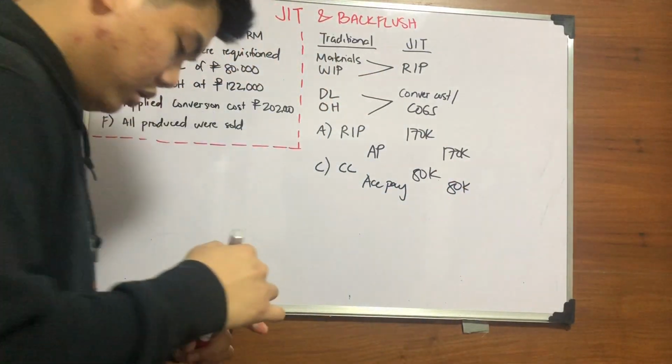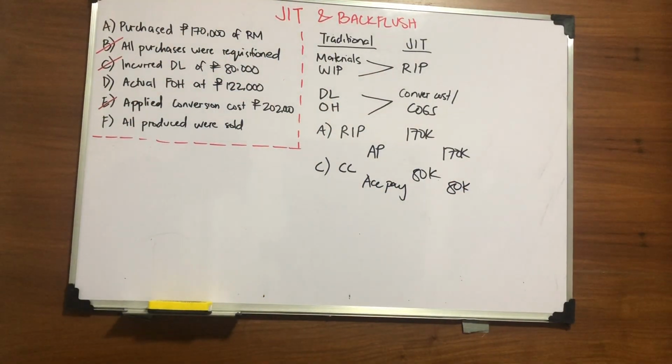So your next transaction would be recording of your actual factory overhead amounting to 122,000. Before, in traditional costing, we record this as debit factory overhead and credit miscellaneous accounts.